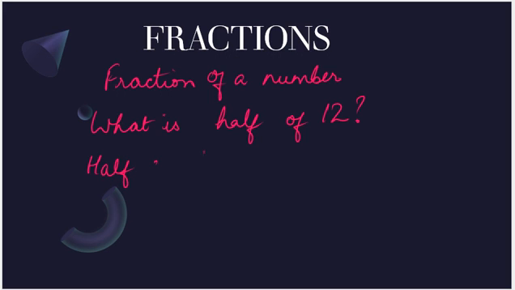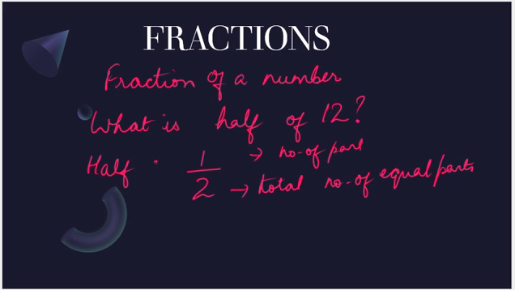Half can be written as 1 upon 2, 1 half. One whole is divided into two equal parts. Total number of equal parts and the number of parts we are talking about. So one part out of the total parts. So this is a half.